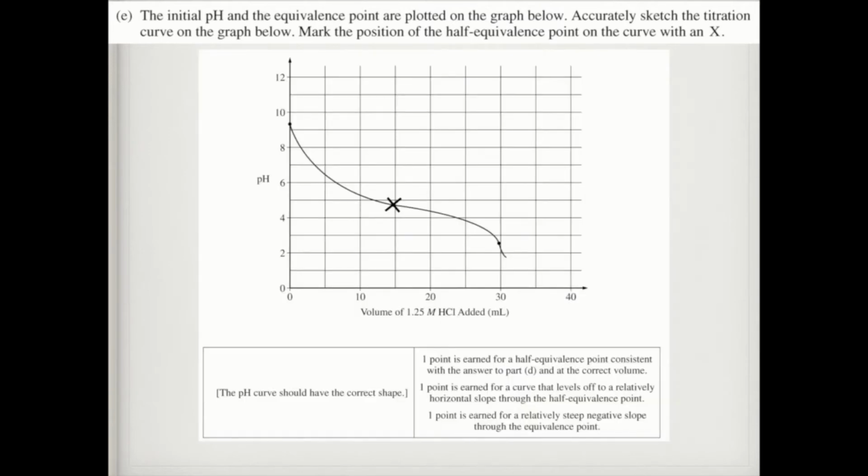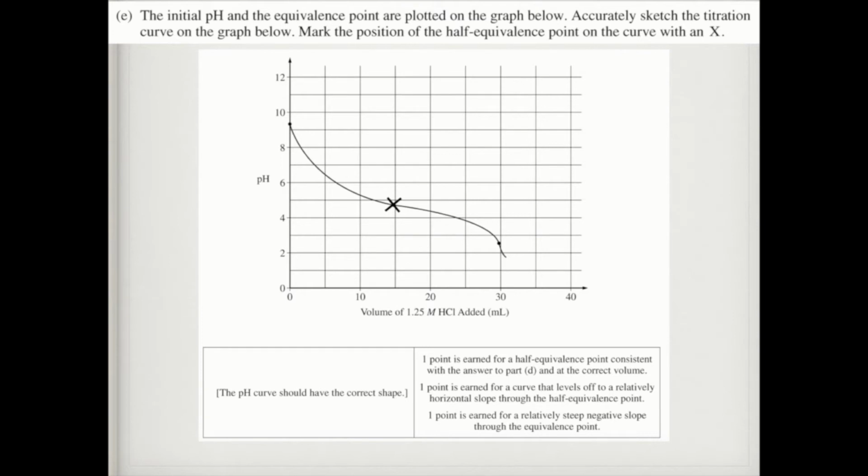So this is just going to be the first half of the graph. Okay, and since you're starting off with base, but you're adding acid, right? Since you know the concentration of acid, but you don't know the concentration of weak base, it's going to be starting up high and then going down low. So you just need to draw the first part of this curve. So it's going to look like this.